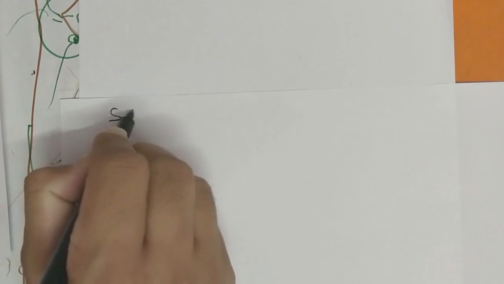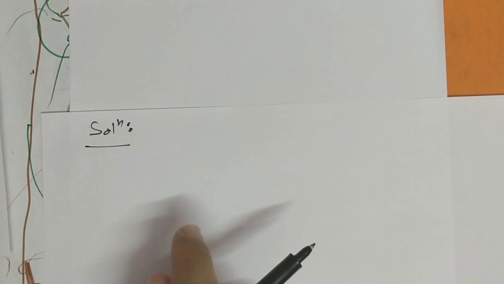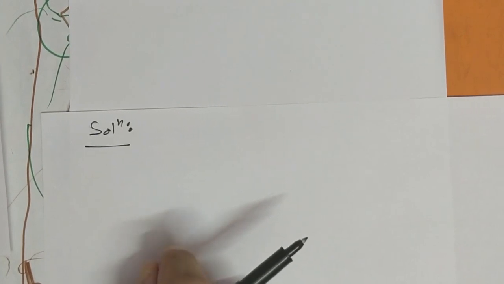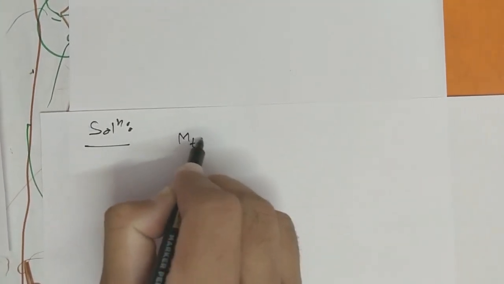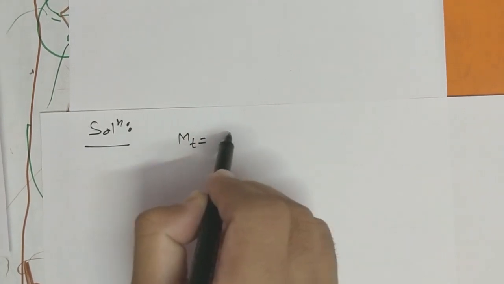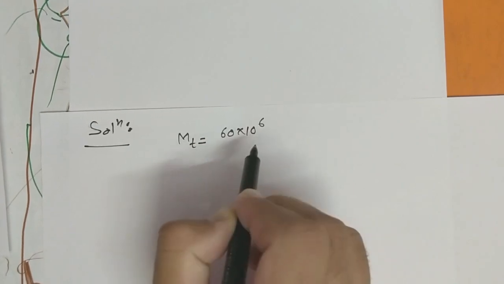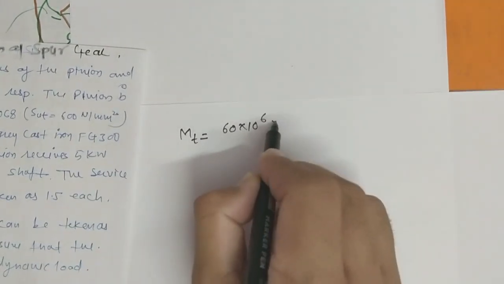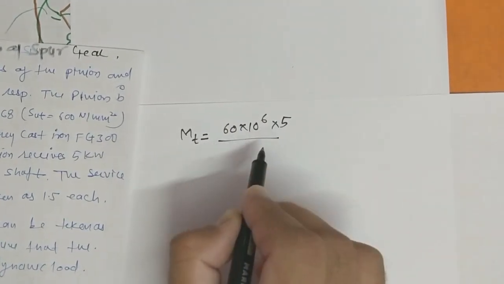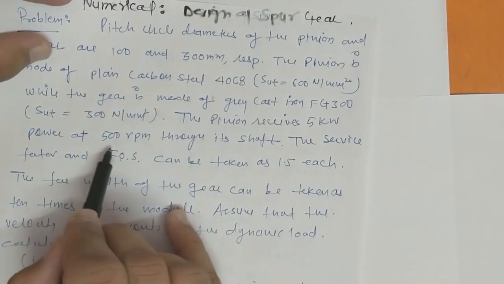In the solution, in the first step, we are given the power, so from power we can calculate the torque. The torque formula is Mt equals 60 multiplied by 10 raised to power 6, times 5 kilowatt power, divided by 2 pi n, where n is given as 500 rpm.